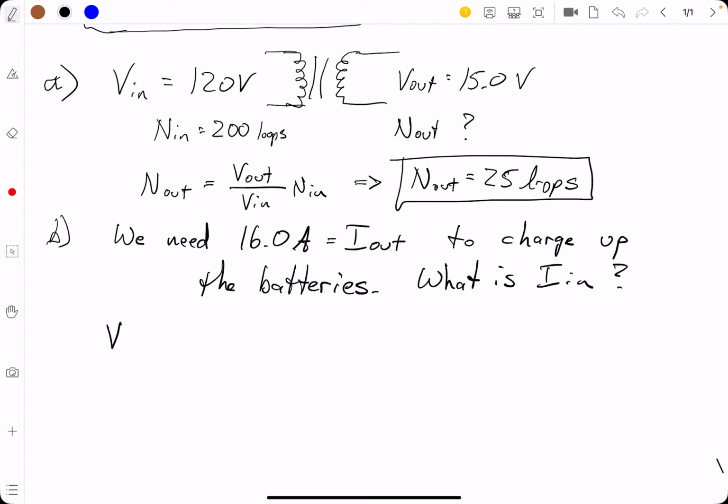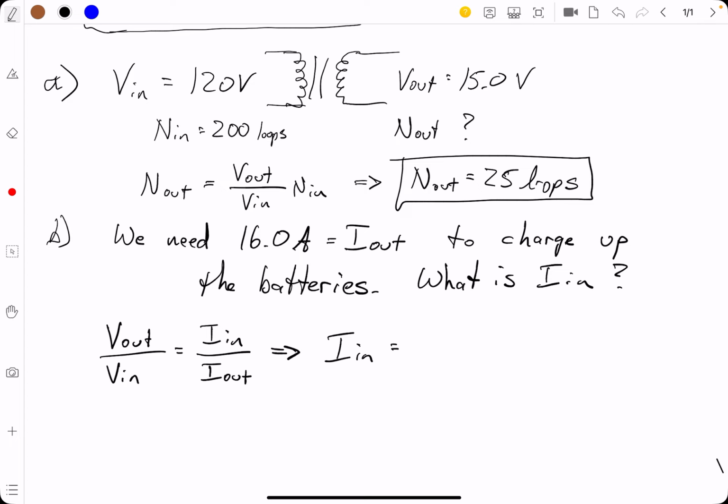So we can come back to our old trusty equation, V out over V in is equal to I in over I out. Now we're just going to solve for I in, so that makes it easy.